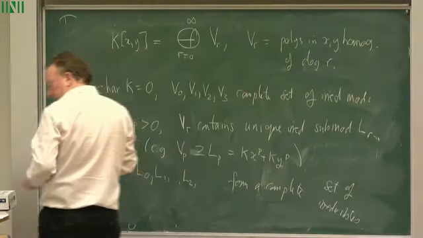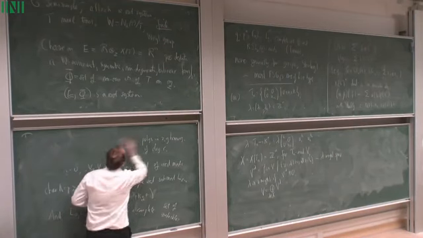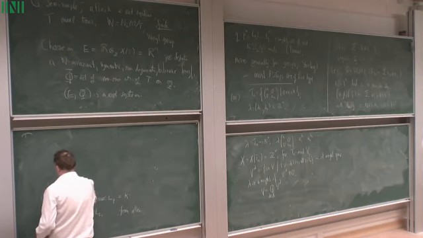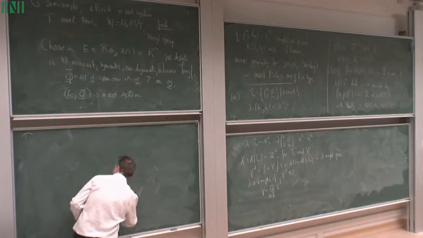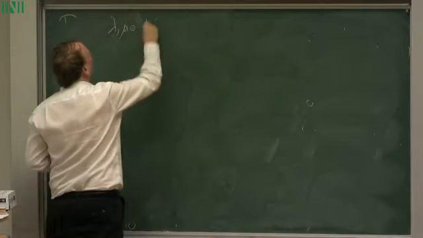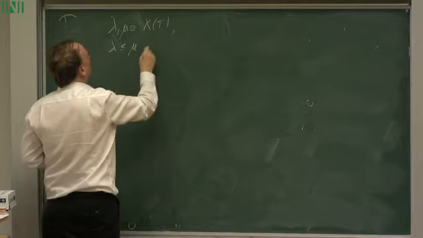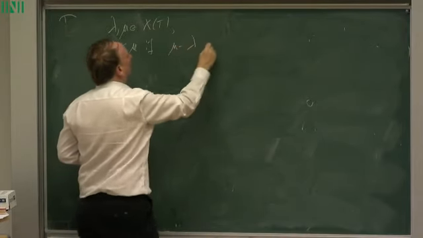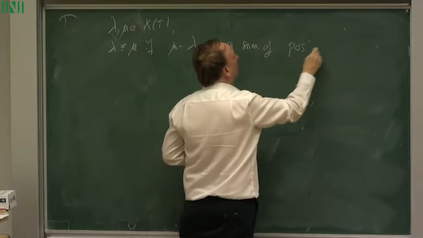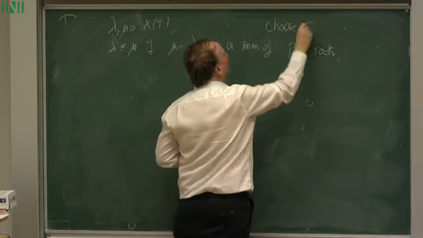So now we can impose on X(T) a partial ordering. If I have lambda and mu in X(T), lambda is less than or equal to mu if mu minus lambda is a sum of positive roots. I didn't say that. We should have chosen a system of positive roots.